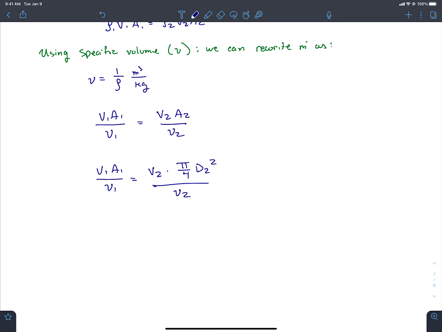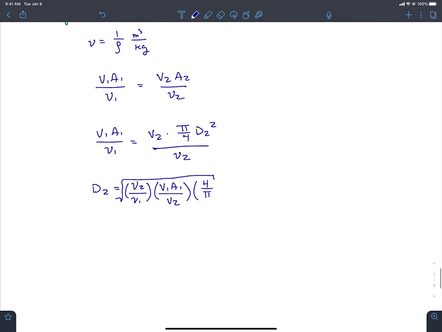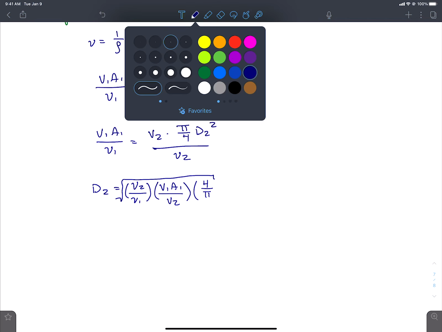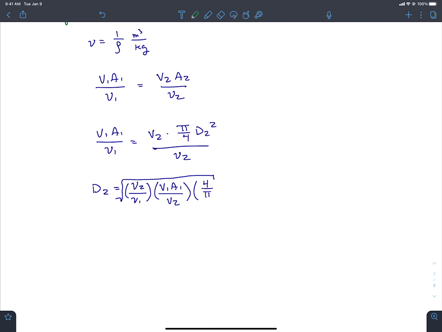And so now just solving for d2, d2 equals mu2 over mu1 times V1 A1 over V2 times 4 over pi, and this whole thing is to the square root. I apologize for the messiness of the square root. Oh, I didn't close my brackets.